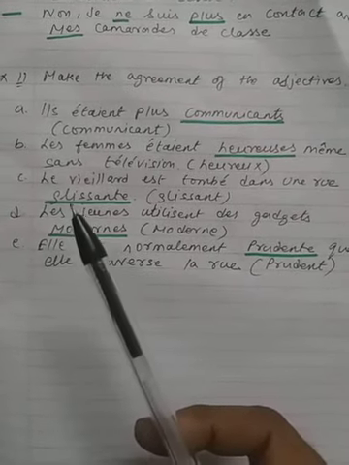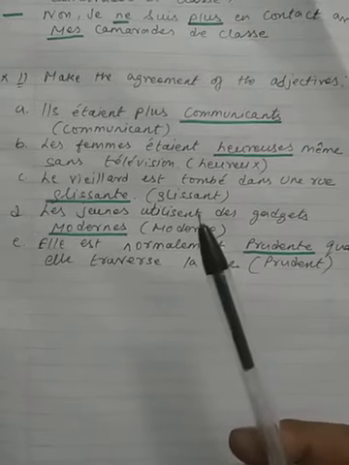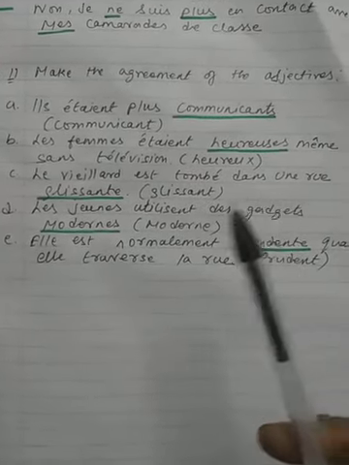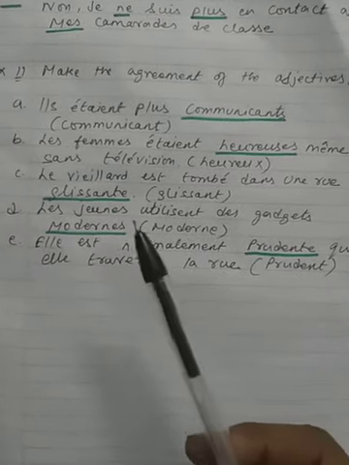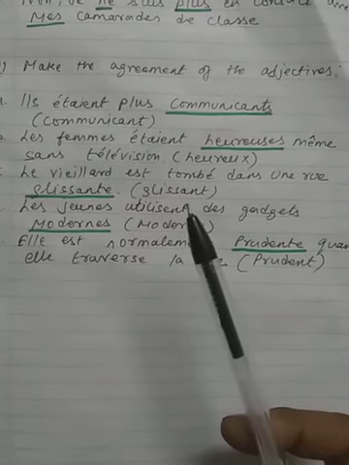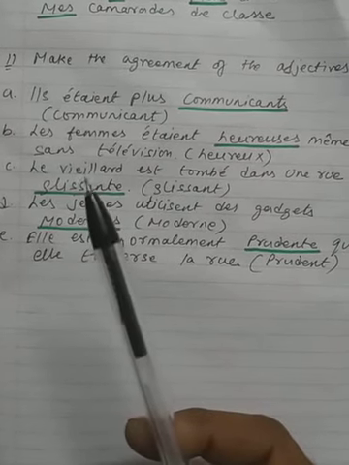Next, third one. Le vieil homme est tombé dans une rue glissant. The old man fell down in the slippery street. Here the adjective glissant is given in masculine form. What are you describing? You are not describing the subject, the old man.